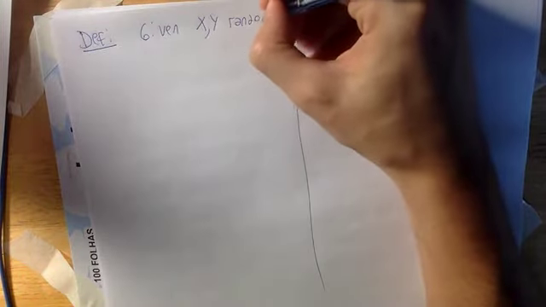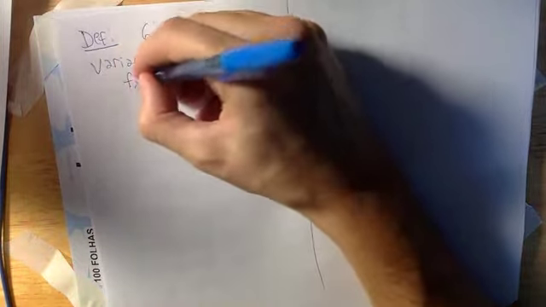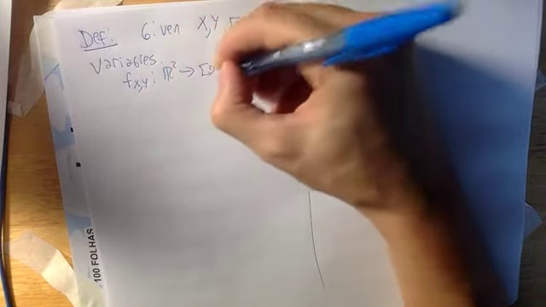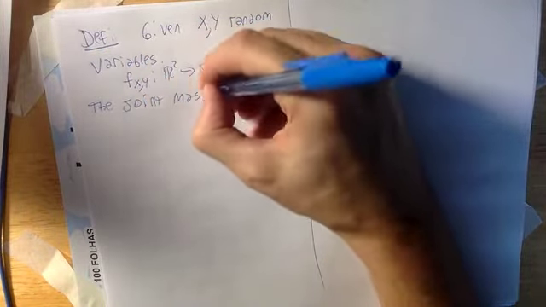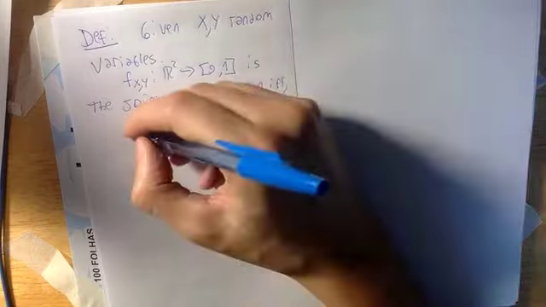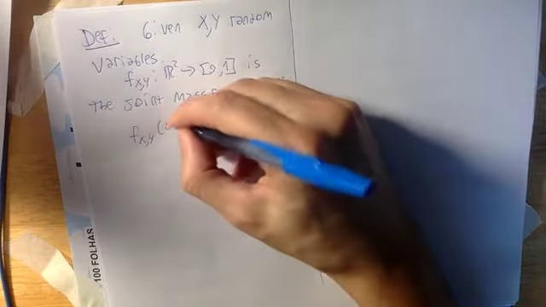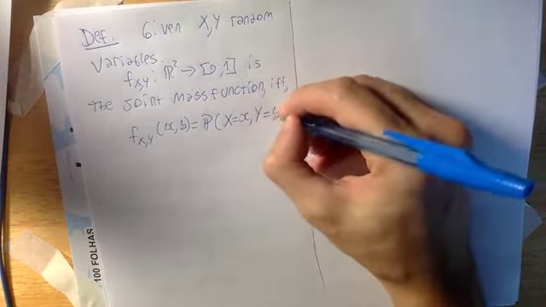Just as a definition, given X, Y random variables, f of x, y from R2 to [0, 1] is the joint mass function if and only if f of x, y at little x, little y is equal to the probability of X equals x and Y equals y.